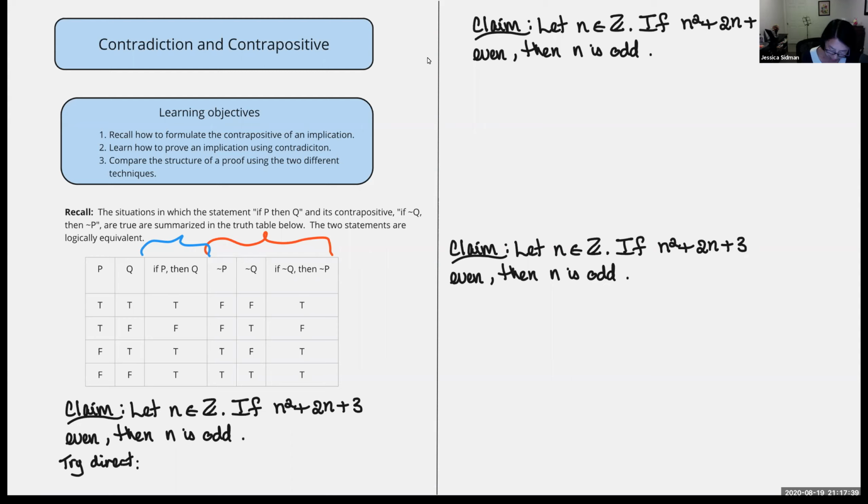So we'd say, well, that would mean that n squared plus 2n plus 3 equals 2k for some integer k. And then we look at it, and you know what? I don't know what algebra necessarily to do next. There's the square there. It's a little tricky.